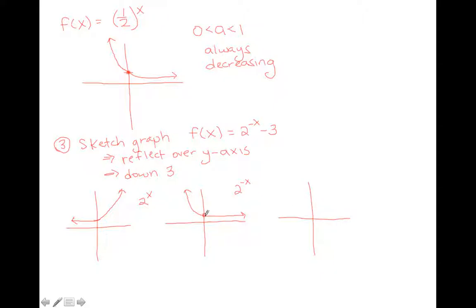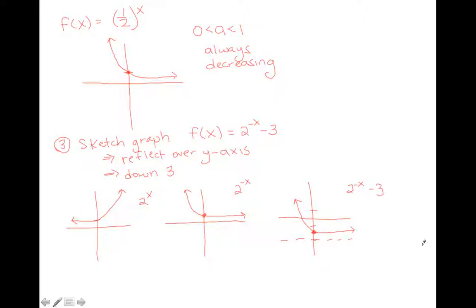One way to do that is to use just your y-intercept point at 0, 1 and move that down 3 units. So 1, 2, 3. Now that point will be at 0, negative 2, which means the asymptote would be 1 more unit down from that at negative 3. Okay, still same shape, decreasing from left to right. So this one is 2 to the negative x minus 3.